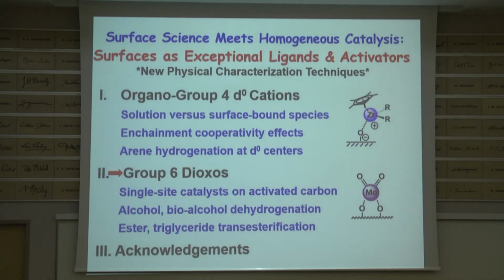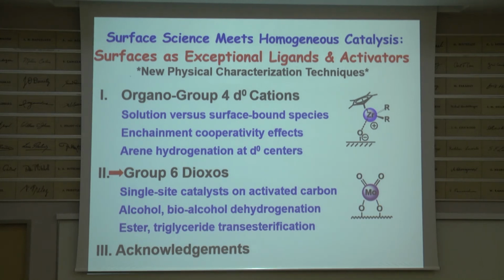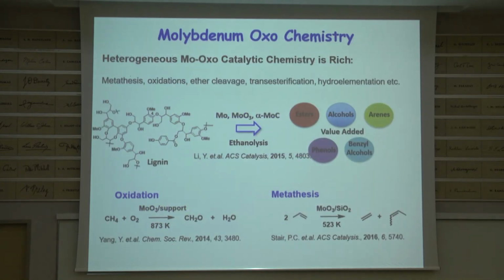Okay, in the last 10 minutes, and then you can finish whatever food is left there, I want to talk about these dioxo compounds. The motivation is lots of molybdenum, and again we're talking about cheap metals, just like zirconium. Molybdenum oxides are very cheap, and there's a lot of catalytic chemistry to chew on: biofeedstocks, oxidation, olefin metathesis.